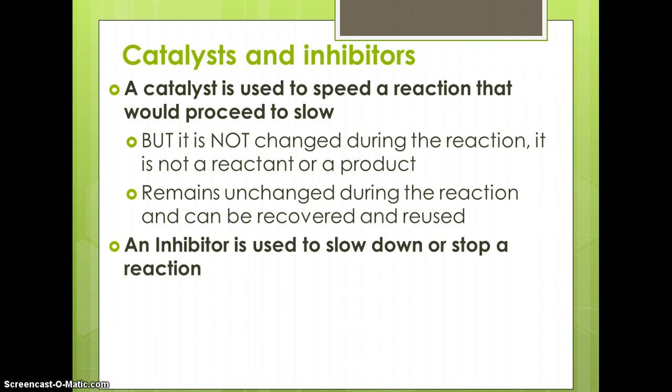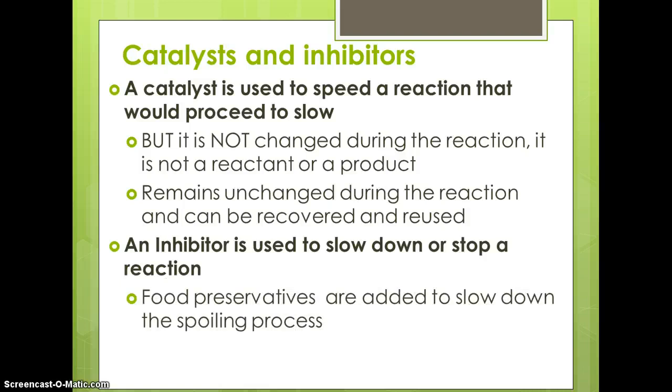All right, an inhibitor. Think of the word inhibit. Inhibit means to stop something. So here we use it to either slow down or stop a reaction. Think about a reaction you don't want to have happen. I'm thinking of food. Anytime we have food, preservatives are added to slow down the spoiling process.